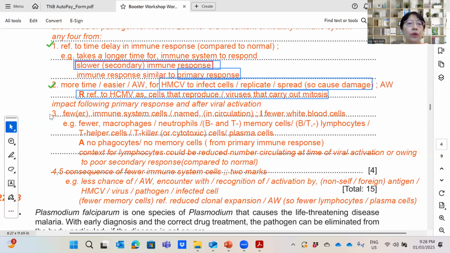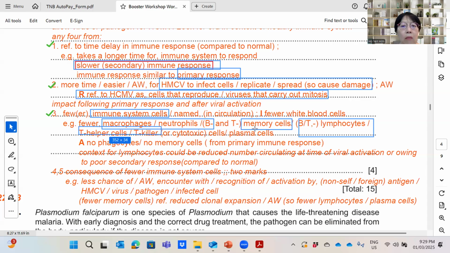Number 3: maybe there are fewer cells of the immune system in circulation. So why is the immune system weakened? Because of a lack of, let's say, fewer macrophages, fewer neutrophils, fewer memory cells, fewer B cells, T cells, fewer T helper cells, T killer cells, plasma cells, all the cells that you name correctly.